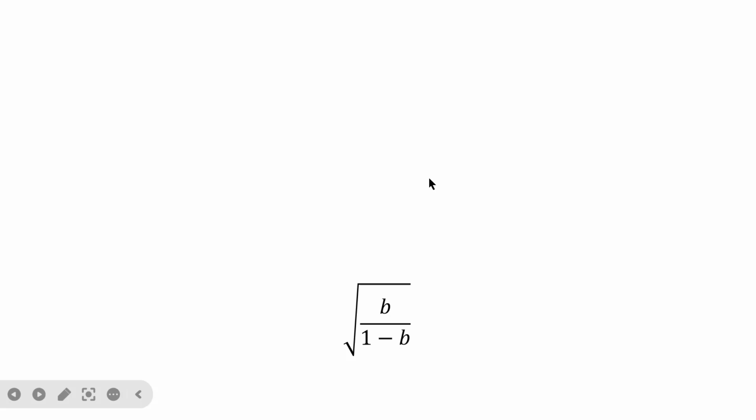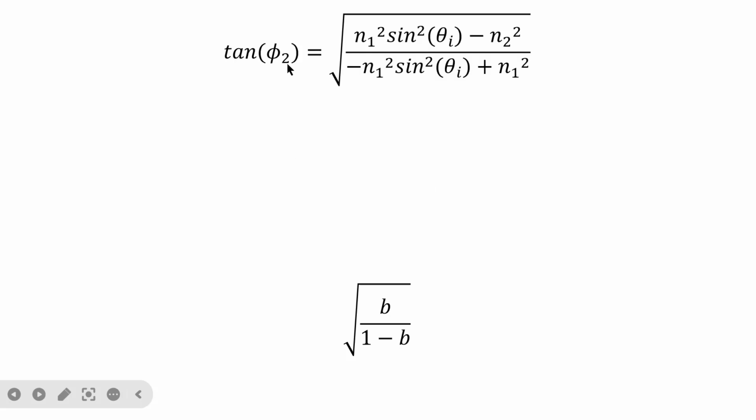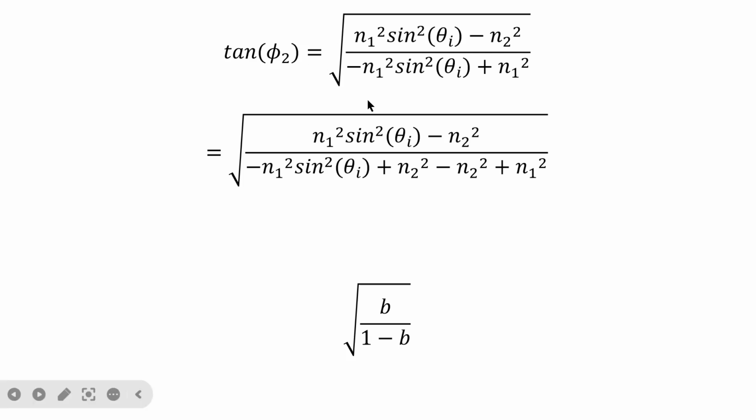Now for the phase shift for the lower boundary, we can also do a similar analysis. What we need to do is to add the bottom expression here with n2 square and minus n2 square. So here we go.